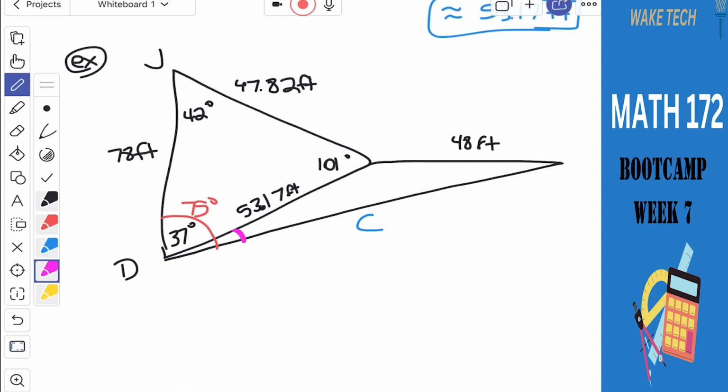Any thoughts on how we can do that? 75 minus that 37. Right. These two angles together, the 37 and then this pink one, in total, the two of them create the 75-degree angle. So 75 minus 37 tells us that pink angle is 38 degrees.